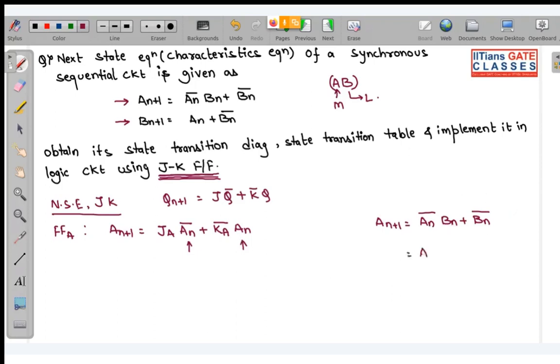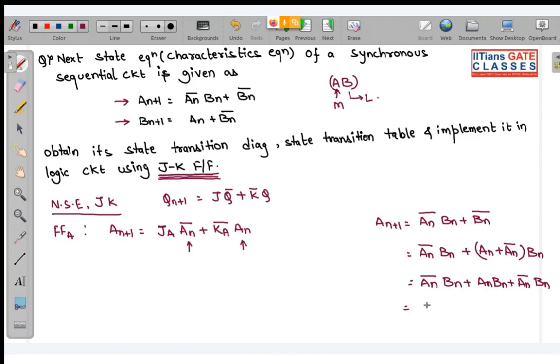So what I can do, simply, I can write it like this. If I do this, now you can see there is a term of An complement as well as a term of normal An. So let us separate it out. This will be An complement Bn plus An Bn plus An complement Bn. These two terms I can condense.